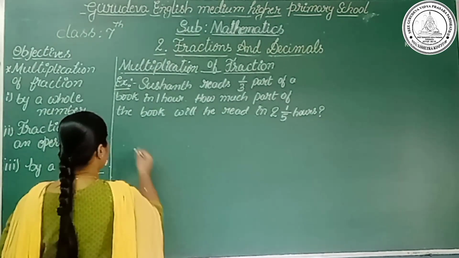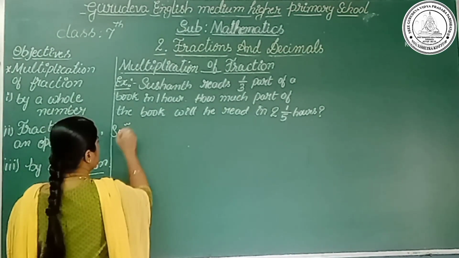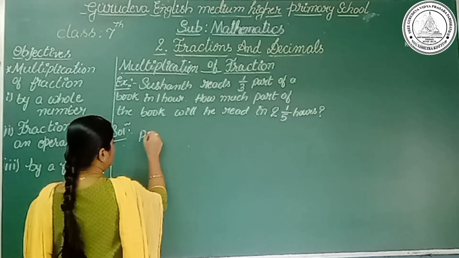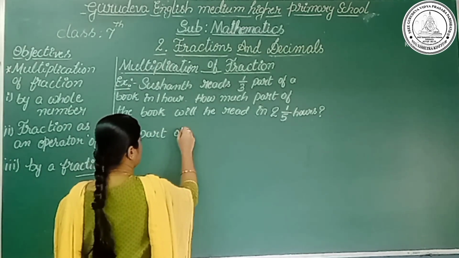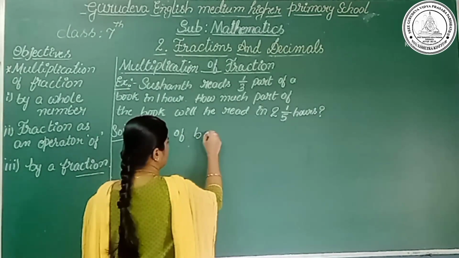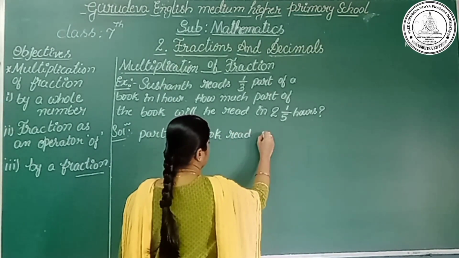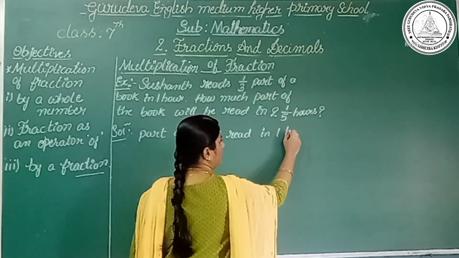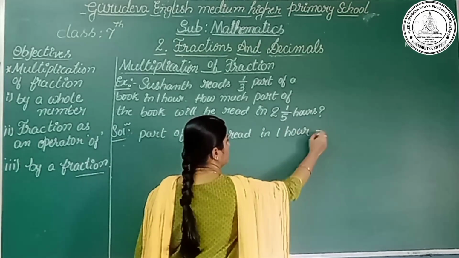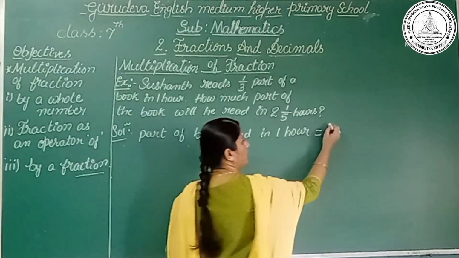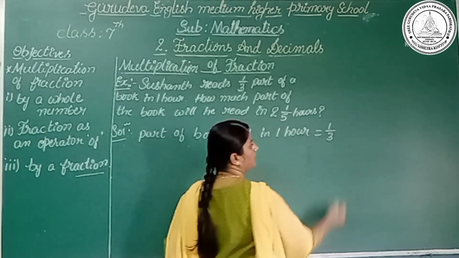Okay, let's see the solution. Part of the book read in 1 hour is equal to 1 by 3 part.